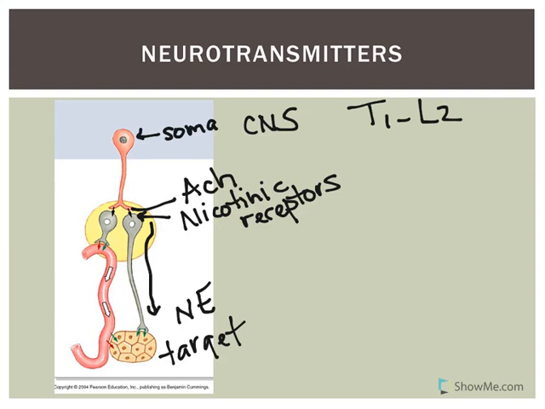But most of them will release norepinephrine. There are some we'll talk about specifically today in which acetylcholine is released. These fibers that release norepinephrine, we refer to as adrenergic fibers. We also have some instances in which the neurotransmitter released would be nitric oxide.